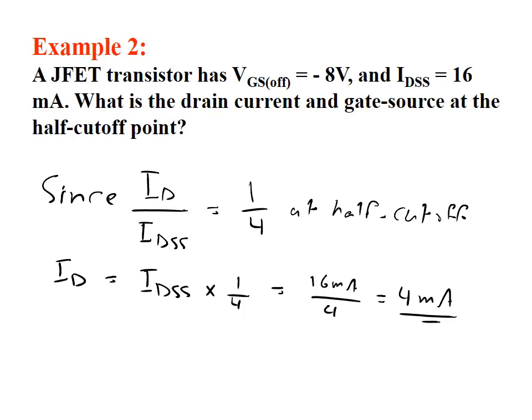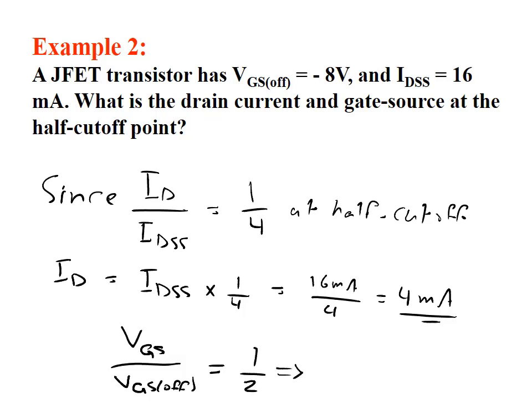Now VGS over VGS off, from the normalized transconductance curve, equals 1 over 2.